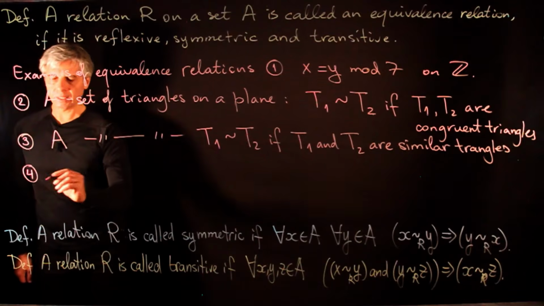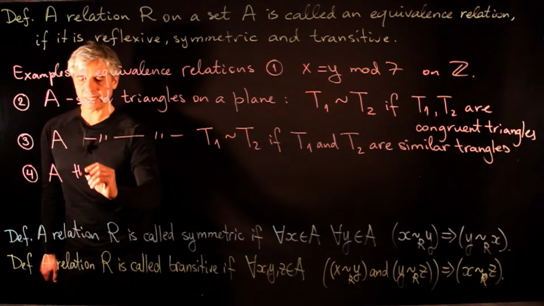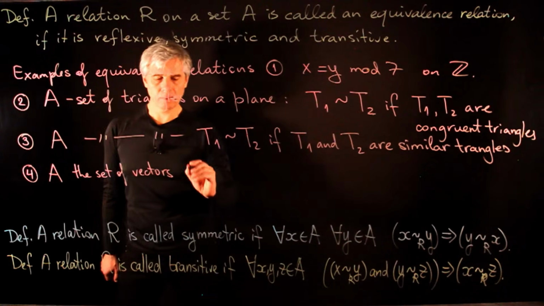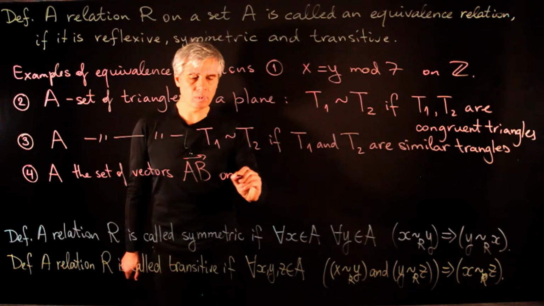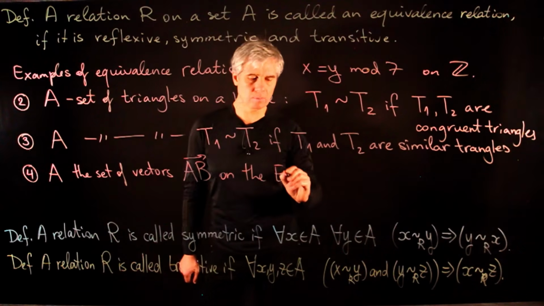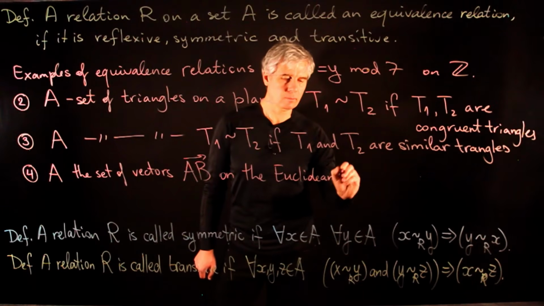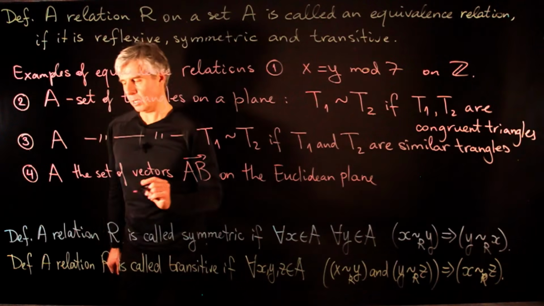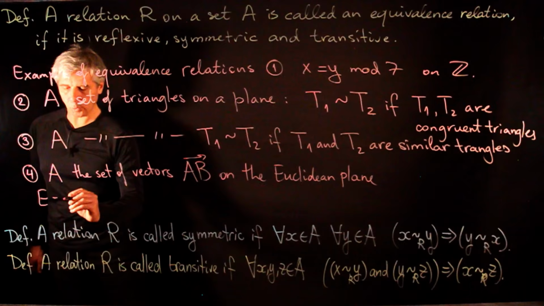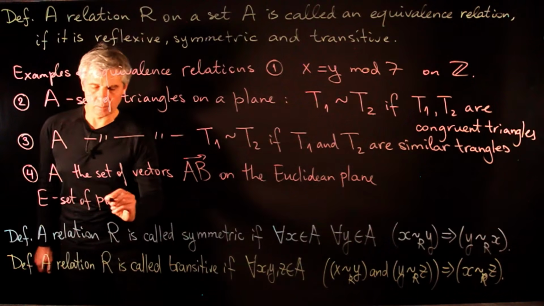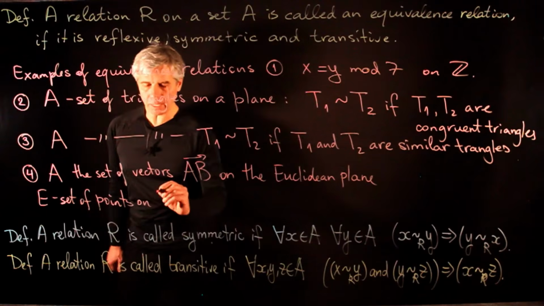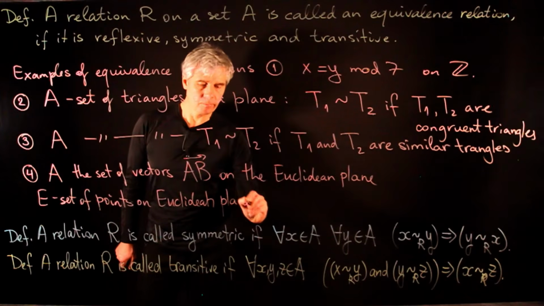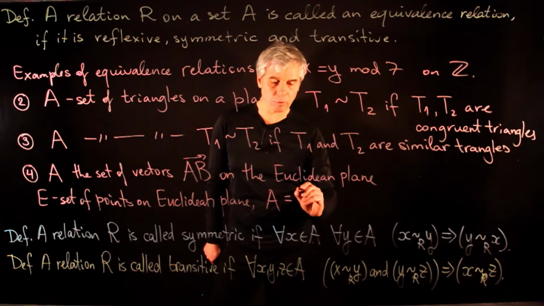For our next example, let's take A to be the set of vectors AB on the Euclidean plane. Here, each vector is determined by its starting point and the end point. So if E is the set of points on the Euclidean plane, then our set A is really the set of pairs of points.